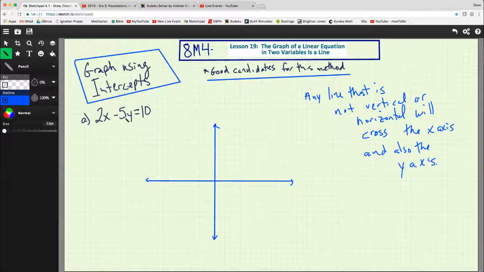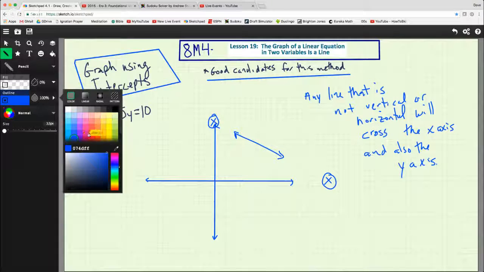And let's see why. So if I took a line that's like this line, these arrows mean it goes on forever, it'll eventually cross the y-intercept somewhere around here, and it will cross the x-axis somewhere around here. Okay?